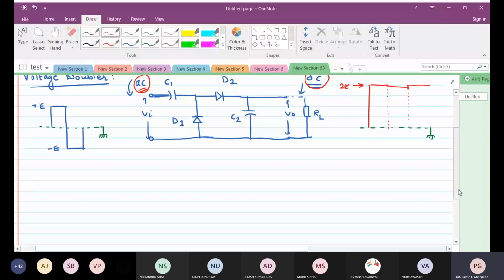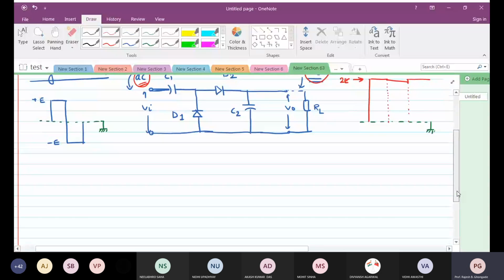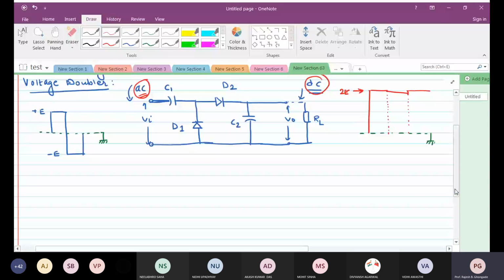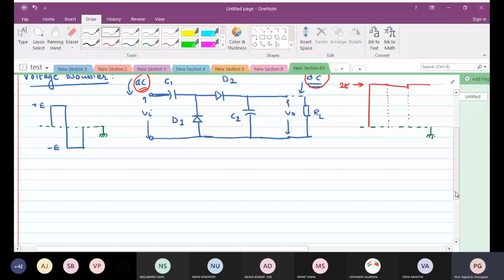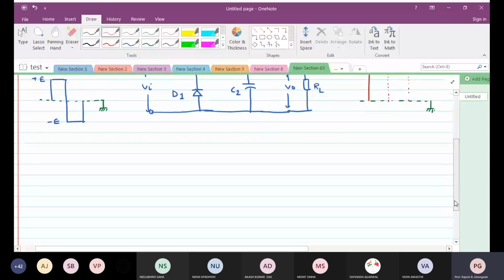What I am trying to do is, many times I require that the output DC voltage should be a multiple of the input peak voltage. Most of the times, if I want to create very high voltage DC, I will use such a kind of circuit. Okay. So let us see how this actually works.